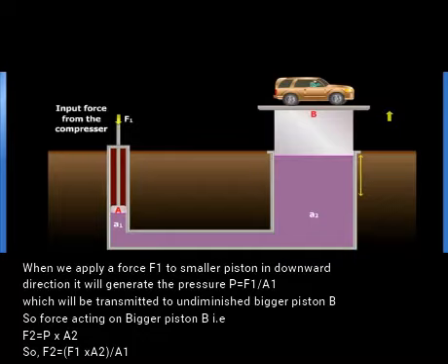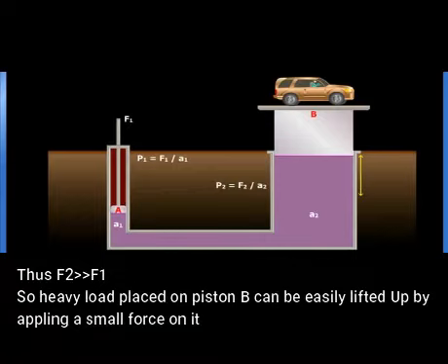So now the force acting on piston B is F2, that is equal to pressure P into A2. But what is pressure P? F1 upon A1. So if you put the values, we get F2 equal to F1 into A2 divided by A1. From this we can see that force F2 is much larger than F1.